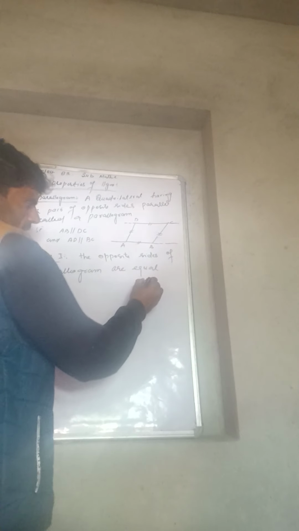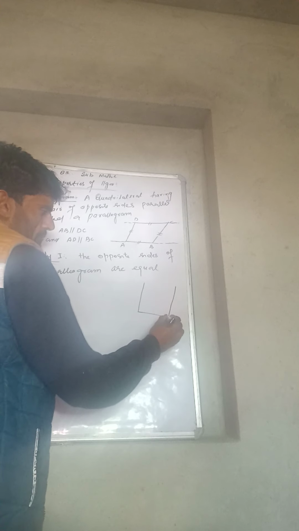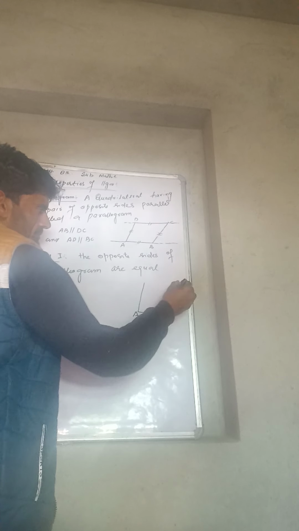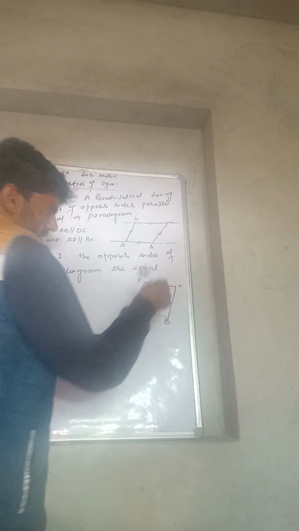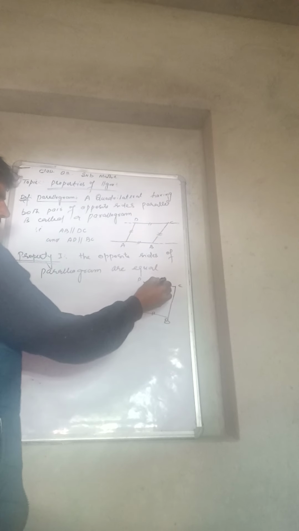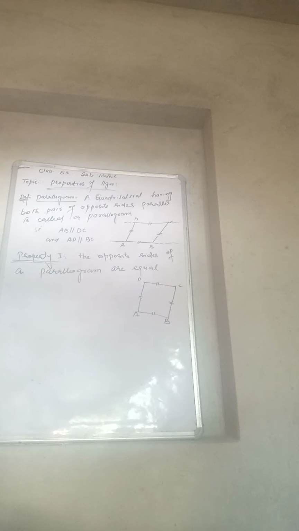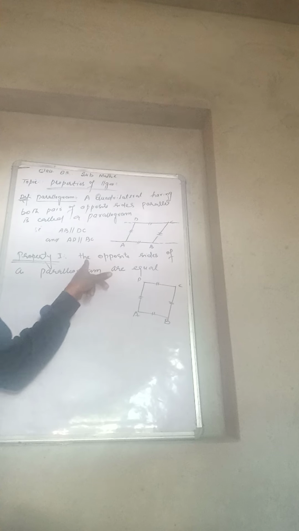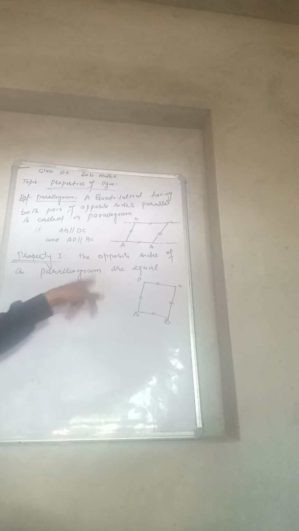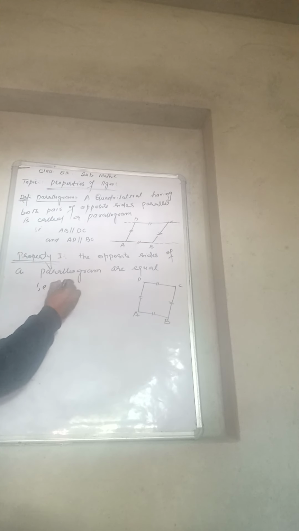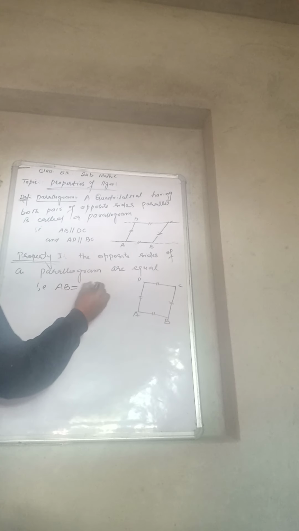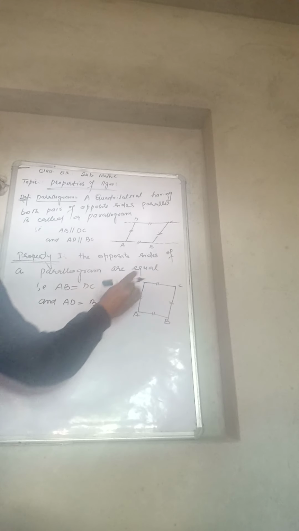Which means that if we have a parallelogram ABCD, since this is a parallelogram, it is obvious this pair is parallel to each other and this pair is parallel to each other. Now the first property says that the opposite sides of a parallelogram are equal, which means that in a parallelogram AB is also equal to DC and AD is equal to BC.